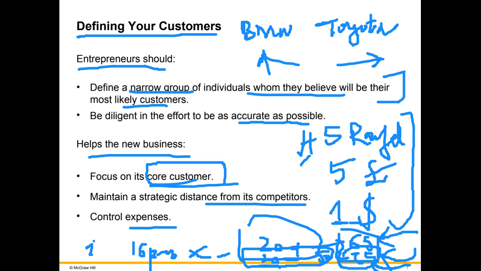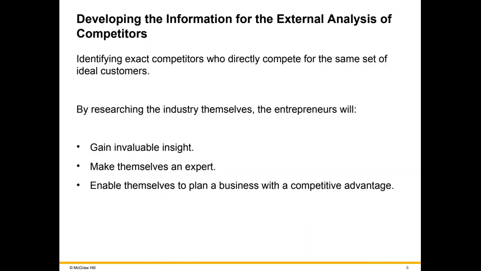Now then we have to develop the information for the external analysis of competitors. You'll need to identify exact competitors. In the previous slide, we talked about our customers. Now we try to understand our competitors who directly compete for the same set of ideal customers. By researching the industry themselves, the entrepreneurs will gain invaluable insights.